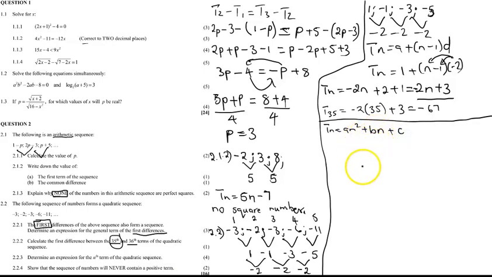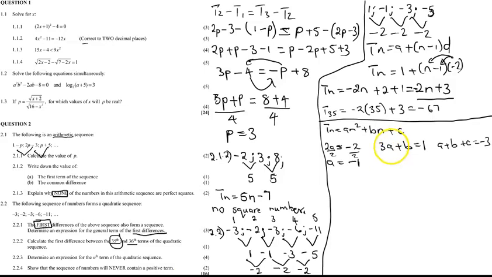So now we have to find these, and we know that 2a is equal to the second difference, in this case negative 2, and 3a plus b equals the first difference, which is 1, and then a plus b plus c equals the first term, negative 3. So for the first one, you just divide both sides by 2, and a is negative 1.